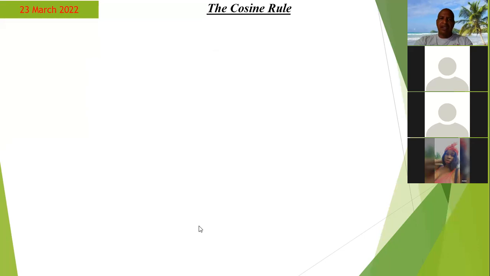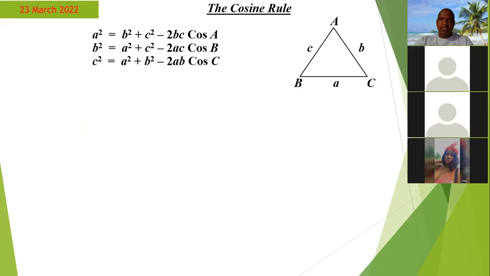All right, so these are the 2 conditions for the sine rule. Now we have mentioned the cosine rule, and this is what the cosine rule looks like. The cosine rule is in the form of 3 different equations. We're going to take a little time to learn these equations because it is important that we know them based on the angles and based on the sides.